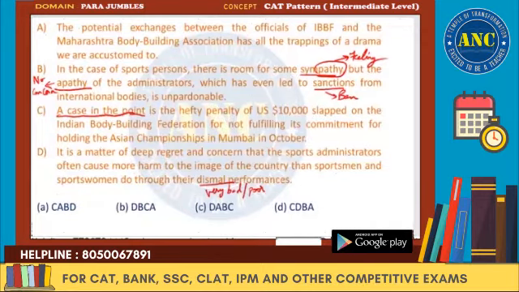So let's look at what D says. It is a matter of deep regret and concern that the sports administrators often cause more harm to the image of the country than sportsmen and sports women do through their bad performances. This sounds like a good theory of which C is an example, a case in the point, right?